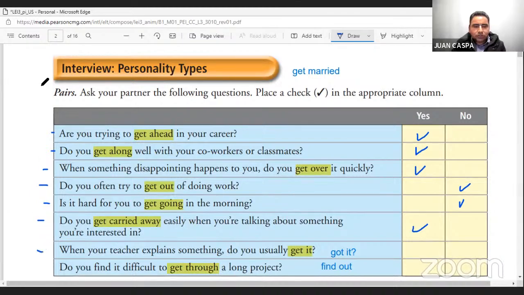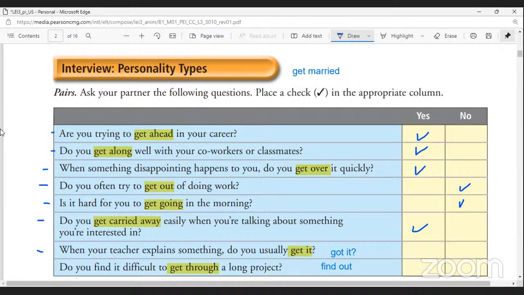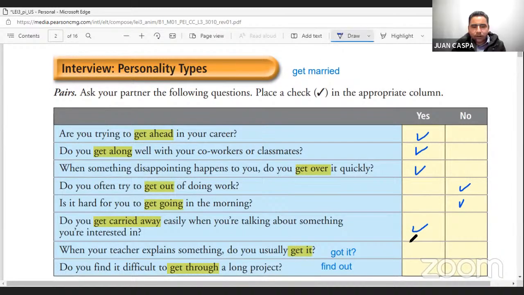Okay, continue, please, Roger. When your teacher explains something, do you usually get it? Yes, I get it. Yeah, explain something. Sure. Very good. Okay, and please, Ernesto, continue.